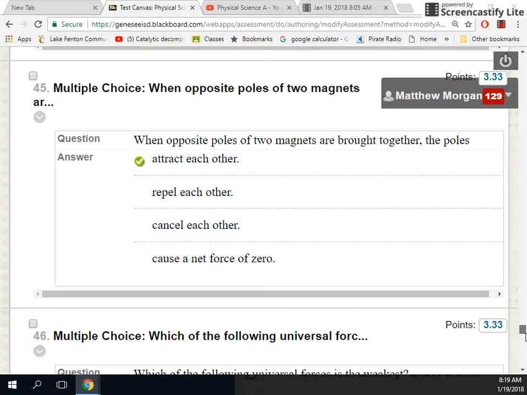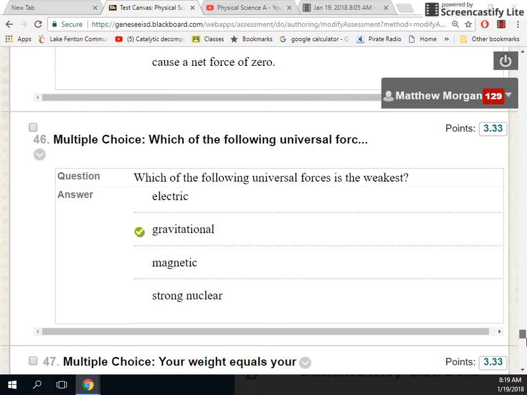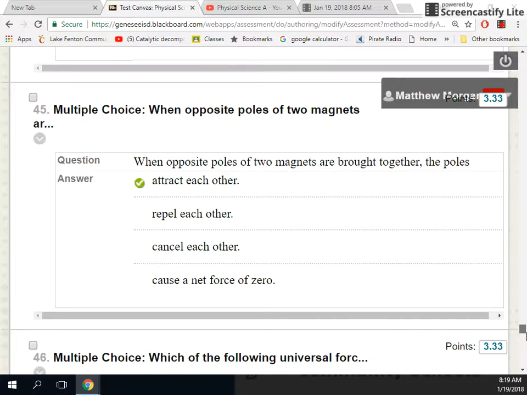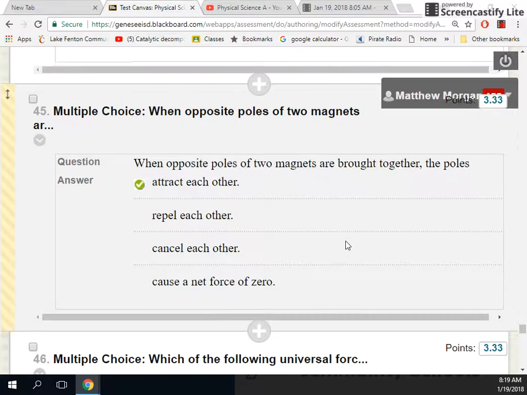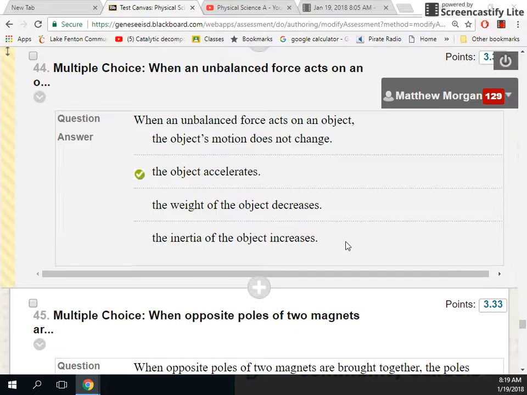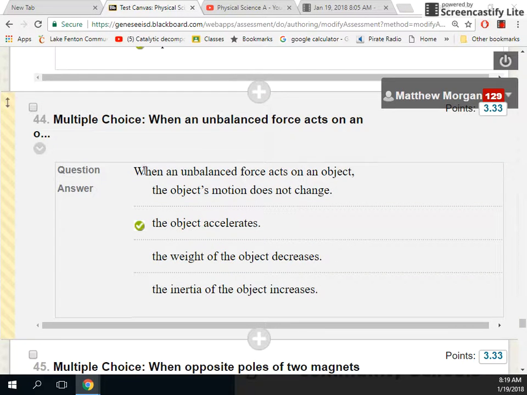Magnets, we spent one day on magnets, but if you don't know this question, when opposite poles of two magnets are brought together... When an unbalanced force acts on an object, you better know this one.